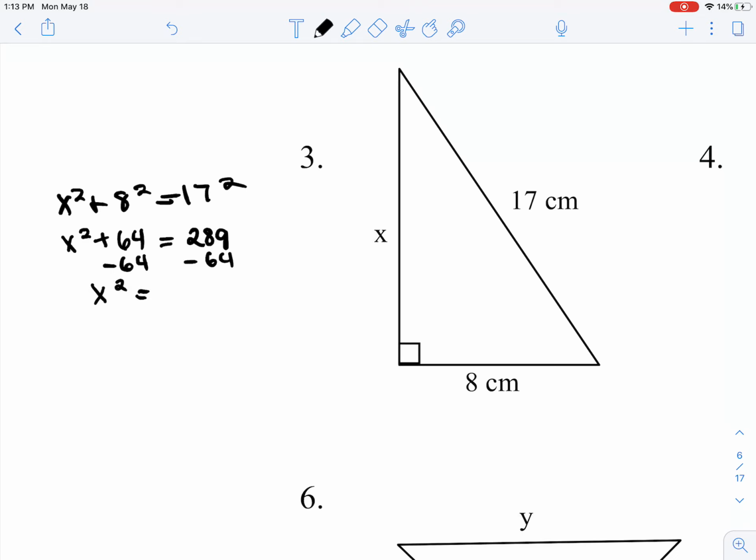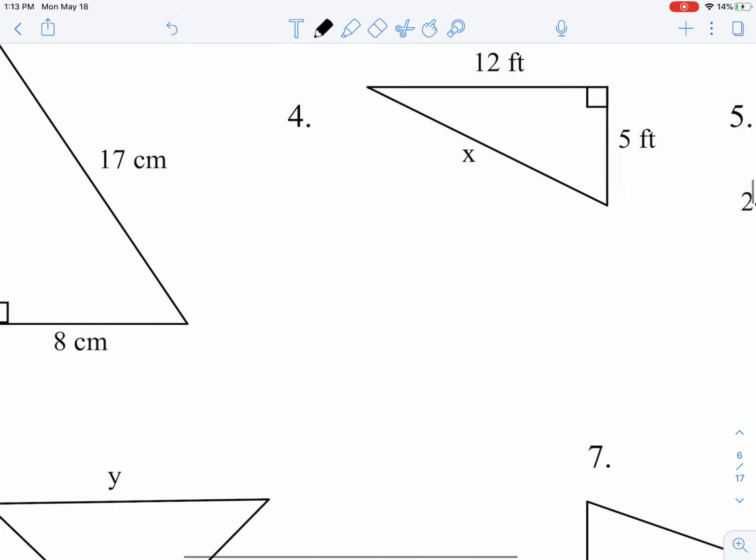That lets us know that x squared is 225. Now we're not interested in x squared, we want to know what is x. So that means we have to take the square root of both sides. And we get x equals 15. So x equals 15 what? That's right, centimeters.